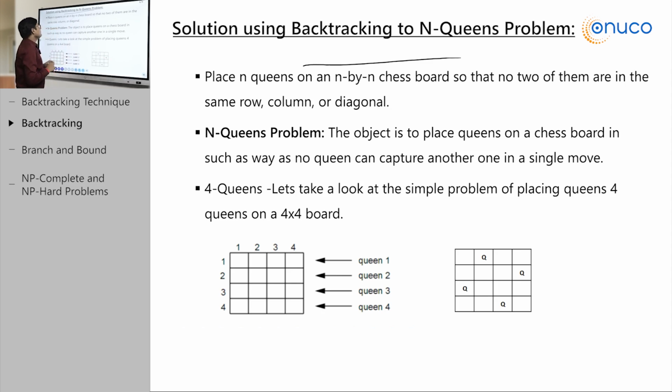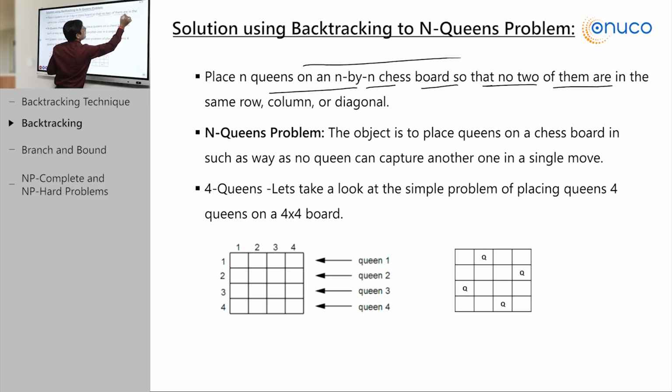That is the movement of queens on the chessboard. So it is mentioned here: place n queens on an n by n chessboard so that no two of them are in the same row, same column, or same diagonal. Remember that if you place more than one queen in the same row, column or diagonal, one queen will capture the other. So we have to place n queens on an n by n chessboard in such a way that one queen does not capture another.